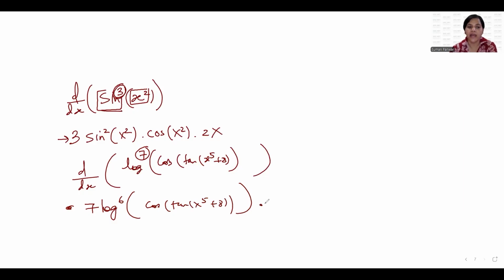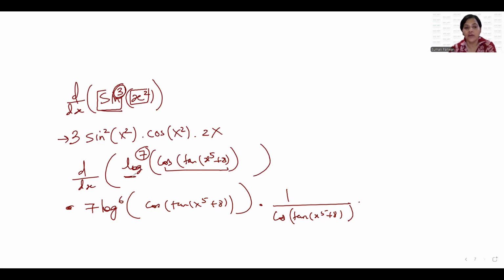Then multiply with the derivative of log. What is the derivative of log? 1 upon x. What is the x here? Whatever is inside log. So cos tan x^5 plus 8.